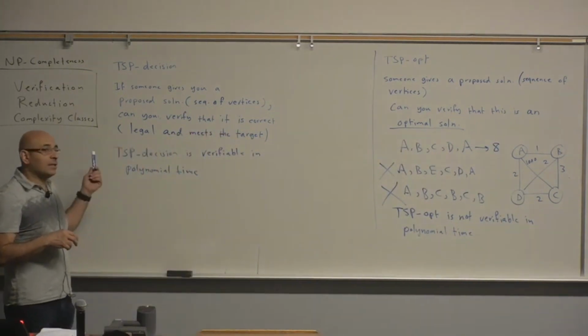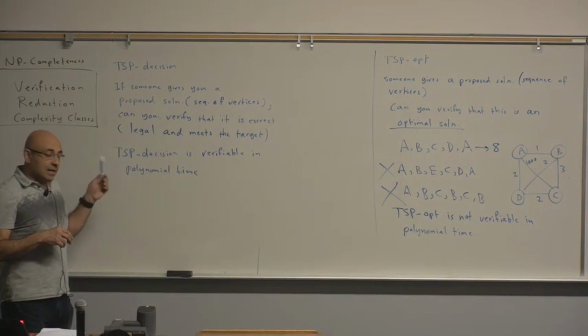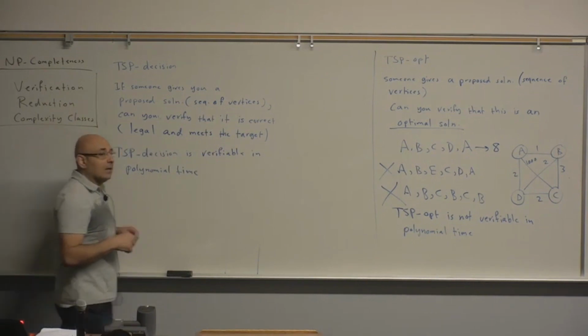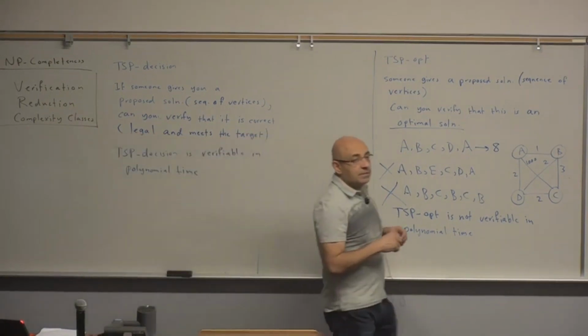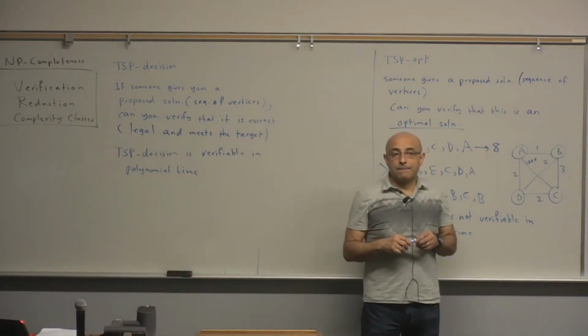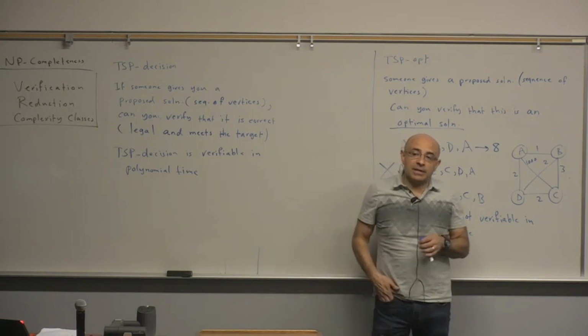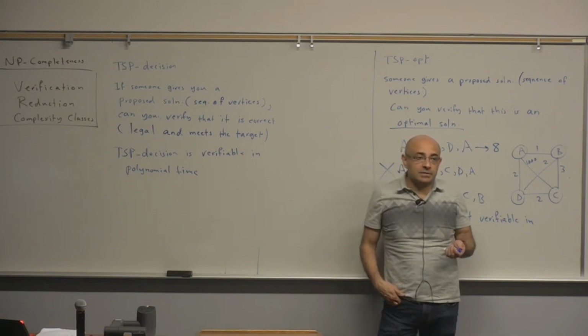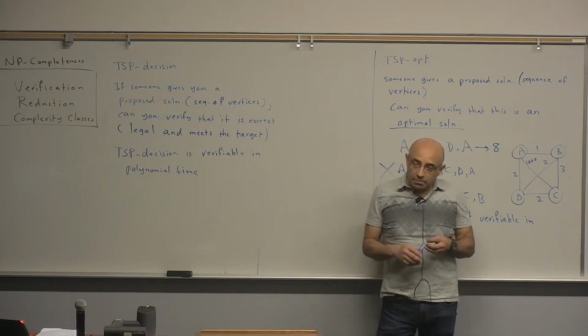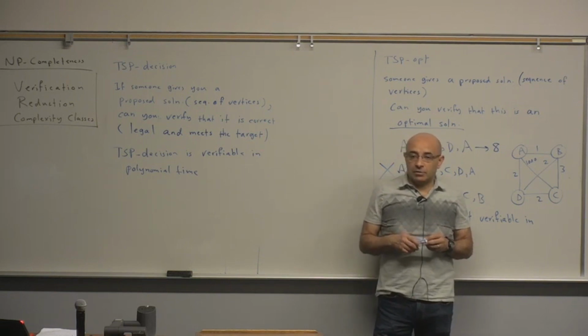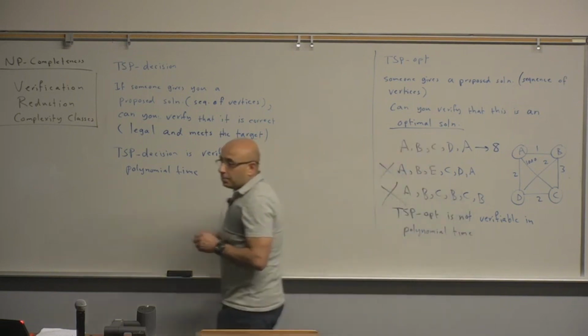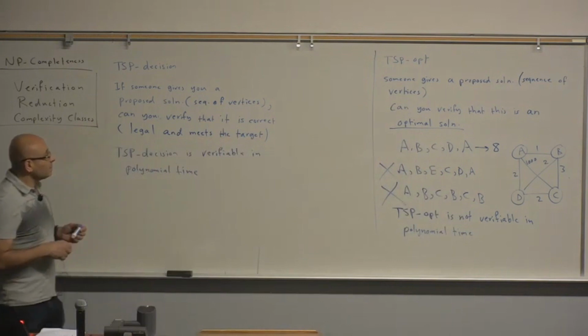And of course, you know that an edge exists between any given pair of vertices because of what? How do we know that for the traveling salesman problem there is always an edge between any given pair of vertices? It's a complete graph. Yeah, because the input is guaranteed to be complete for the traveling salesman problem.